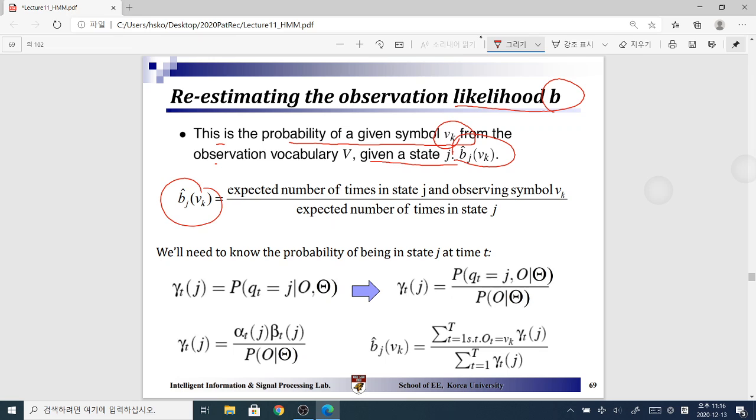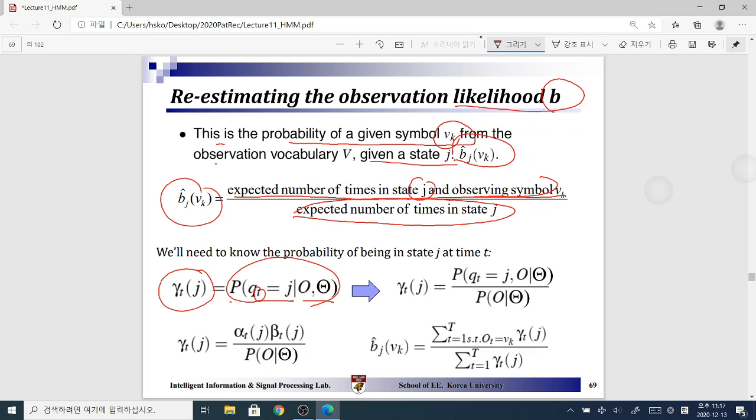In other words, B sub j of v sub k is the ratio between the expected number of times in state j observing a symbol v sub k, divided by the expected number of times in state j. Now, we then need to know the gamma sub t of j, which happens to be the probability of being at state j at time t given the observation sequence as well as the model.